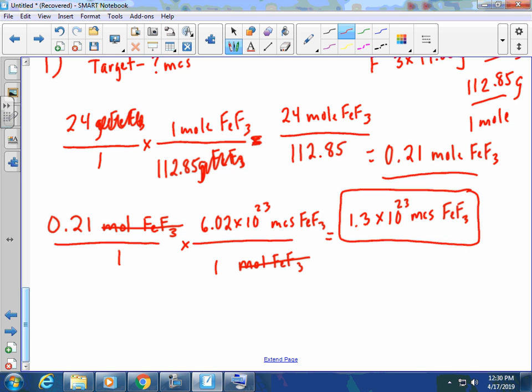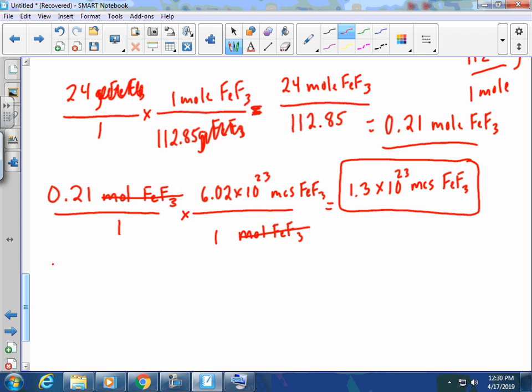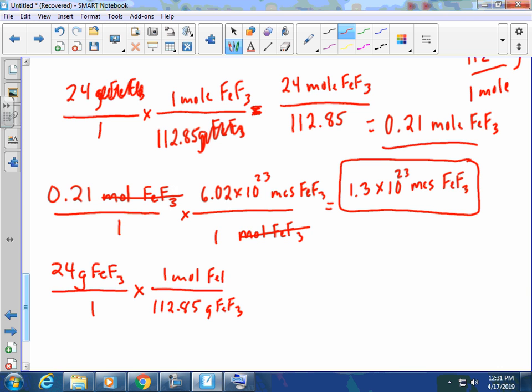Now that seemed like a lot, didn't it? Okay. Let me show you another thing that we could have done, just so you can see. Some people prefer to break it down into steps like this. But what you could have also done was that first part, where you started with the 24 grams over 1, and then we used the molar mass, which was 112.85 grams of FeF3 per 1 mole FeF3.